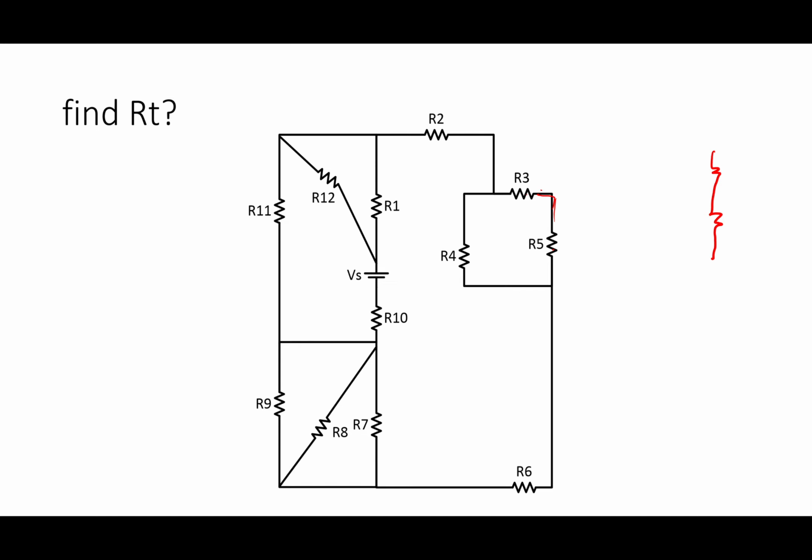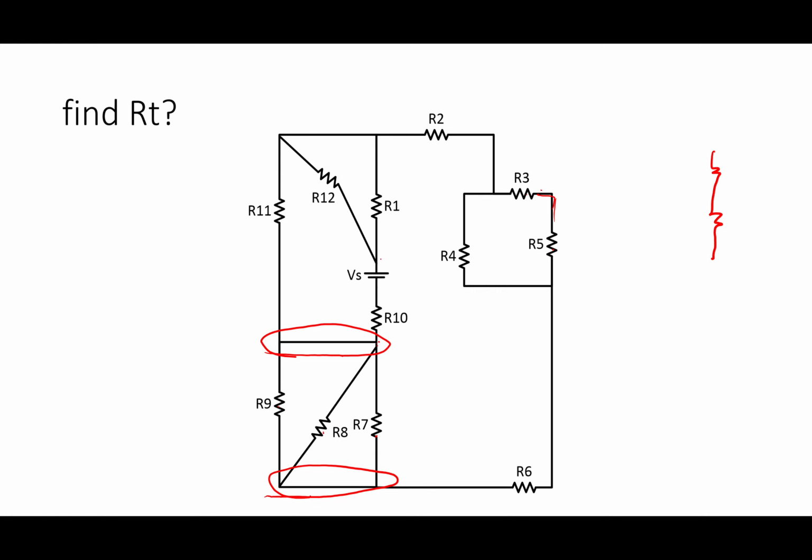If you look at R7, R8 and R9, this is one node, and that is another node, all of them are connected between the same nodes, so they are in parallel.